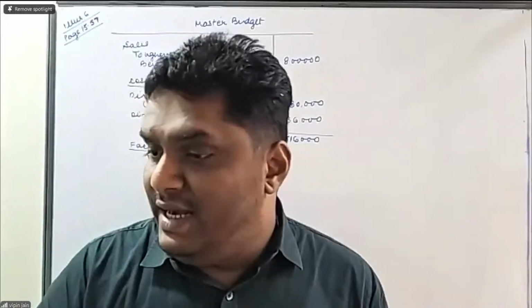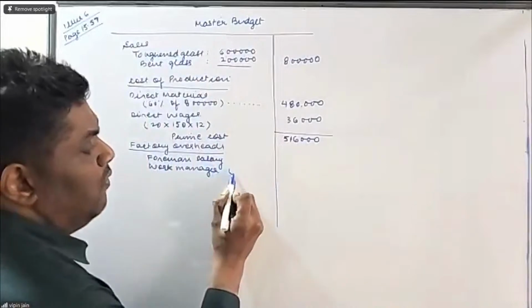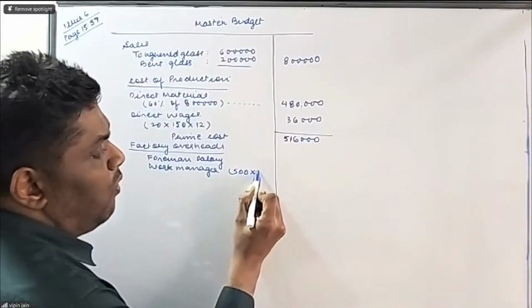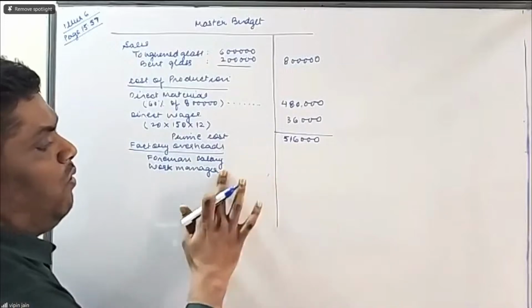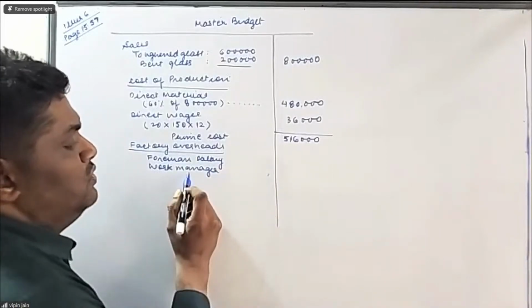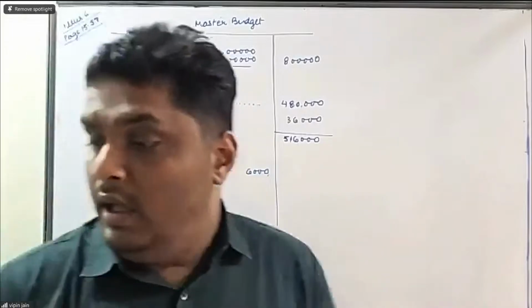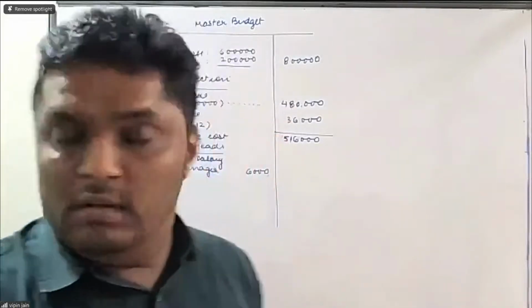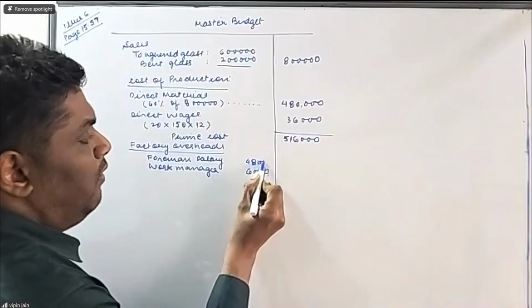Work manager salary is 500 per month, so 500 into 12, that is 6,000, and 400 per month, so this will be 4,800.